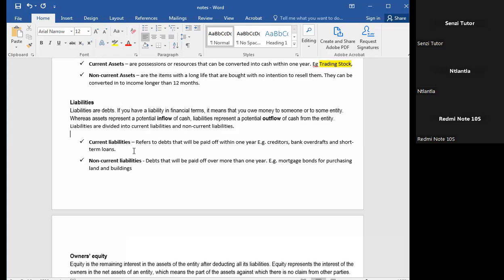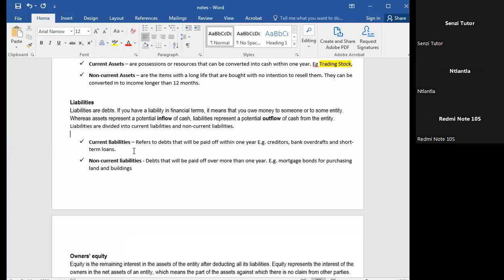Liabilities are divided into current liabilities and also non-current liabilities. A current liability refers to debts that will be paid off within 1 year. All debts that you are able to pay within 1 year belong to the current liabilities.